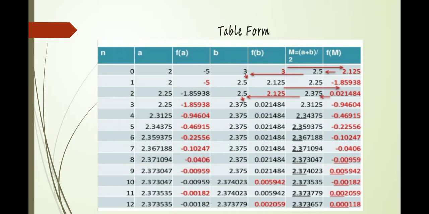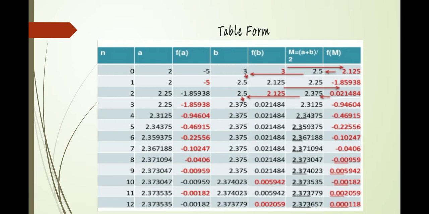Find out f of 2.5, which is equal to 2.125. It has a positive sign. Then we say that the root lies between 2 and 2.5. Taking its average, we get the value 2.25. Then find out f of 2.25. We get minus 1.85938, which is a negative value.